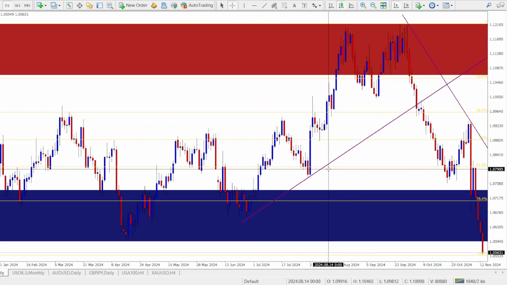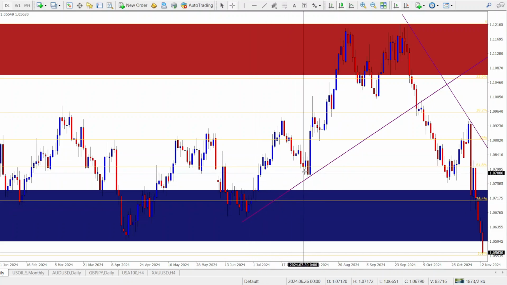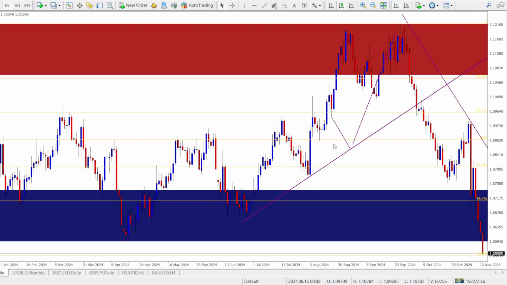So it was possible for us to see the pullback continue towards this trend line, because as we can see, this trend line, we had a touch here, we had a touch here. So it is possible that we would have seen another touch, right? And then a continuation. So that is the reason why I would have recommended setting stop loss here instead of here, just in case the pullback had continued to the trend line.